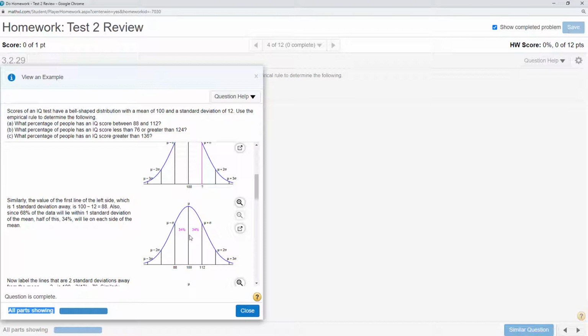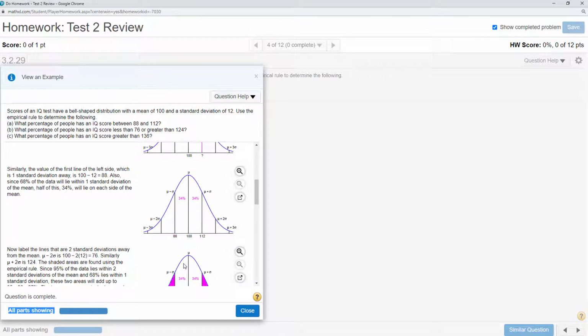Now let's look at two deviations from the mean. We can increase the mean by two deviations, so it would be 100 plus 2 times 12, or 100 minus 2 times 12.